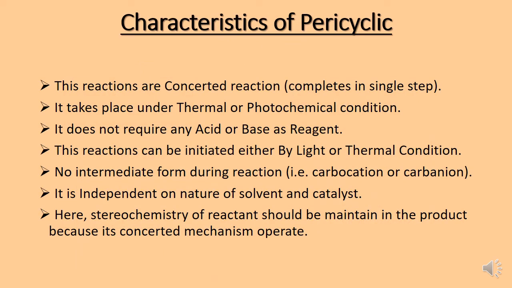Characteristics of pericyclic reactions. These reactions are concerted reactions. Concerted reactions means reactions which take place in a single step. They take place under thermal or photochemical conditions. Thermal means heat, and photochemical is hν.